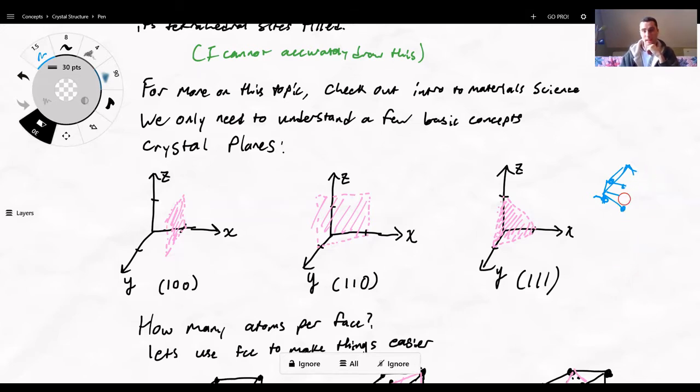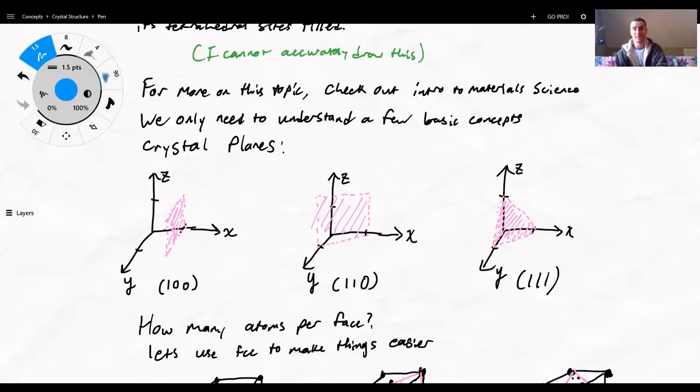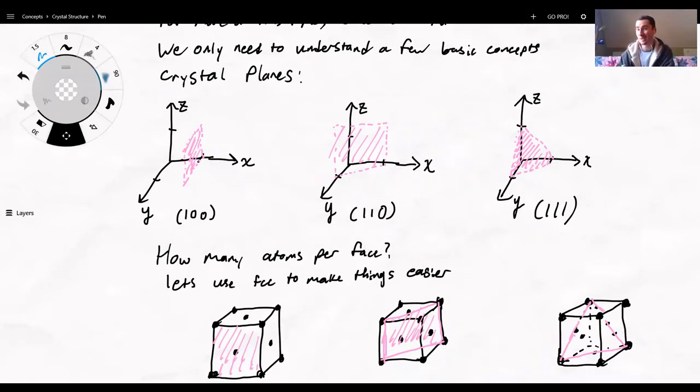And the reason that we care about that is, I mean, you're in a chemistry class, right? And chemistry occurs at surfaces. So if we are looking at different faces that are composing the surface, we're going to get different chemistries. So that's why that's really, really important. And in fact, one of the more important things to understand is how many atoms there are per face, because that can change the number of atoms that's actually at your surface, which is kind of like changing the concentration of some molecule in solution, right?